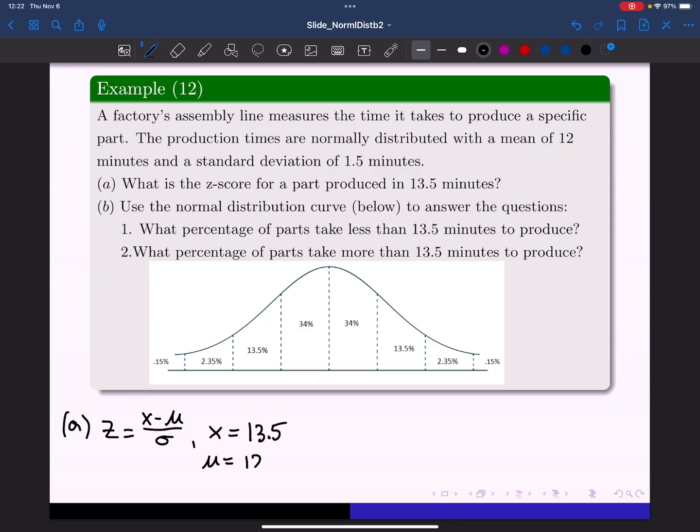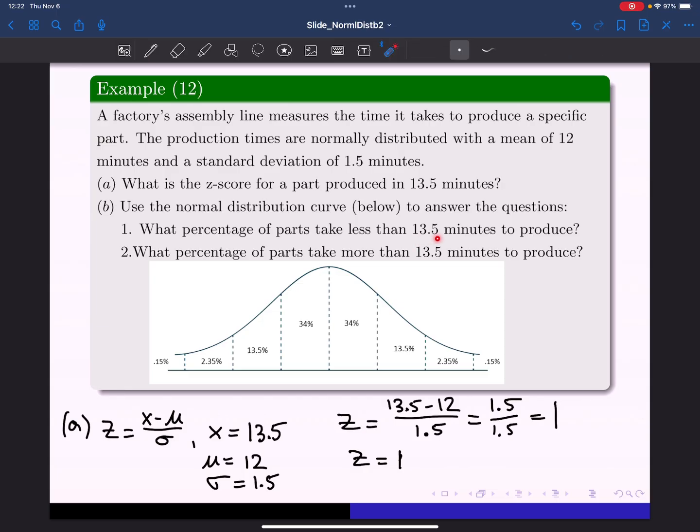And my standard deviation is 1.5. If I substitute all of that into the z-score, I get 13.5 minus 12 divided by 1.5. This is equal to 1.5 divided by 1.5, so this is equal to 1. So my z-score for this time, 13.5, is just 1.